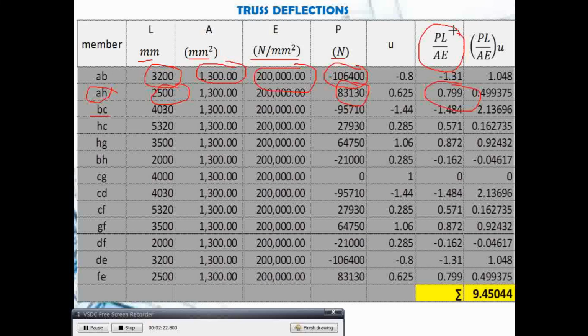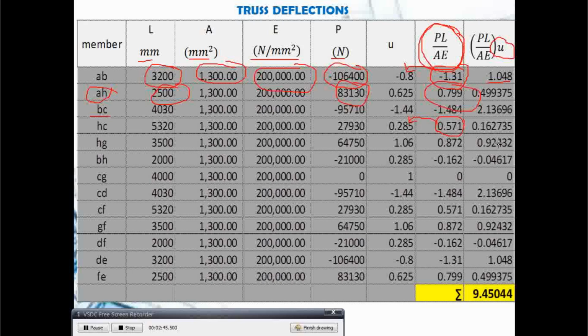After determining the value for PL over AE, you have to multiply that by the value of your U. Yan. So, itong negative 1.31, multiply that by negative 0.8. My answer is 1.048. Itong 0.571, multiply that by 0.285.